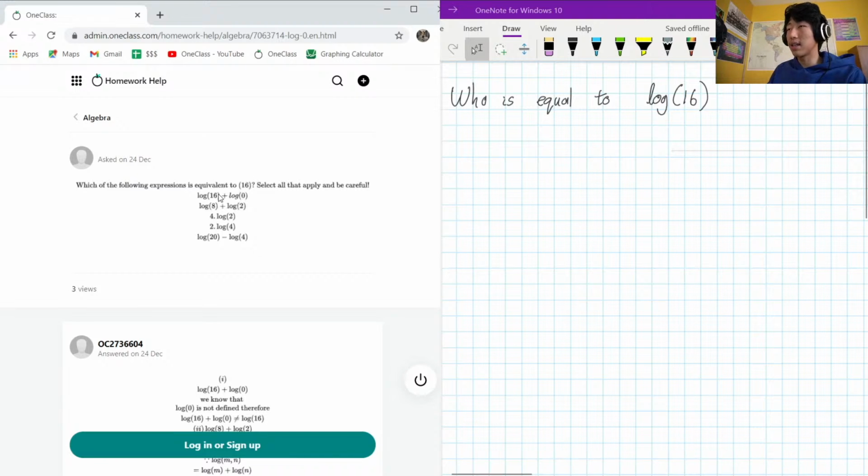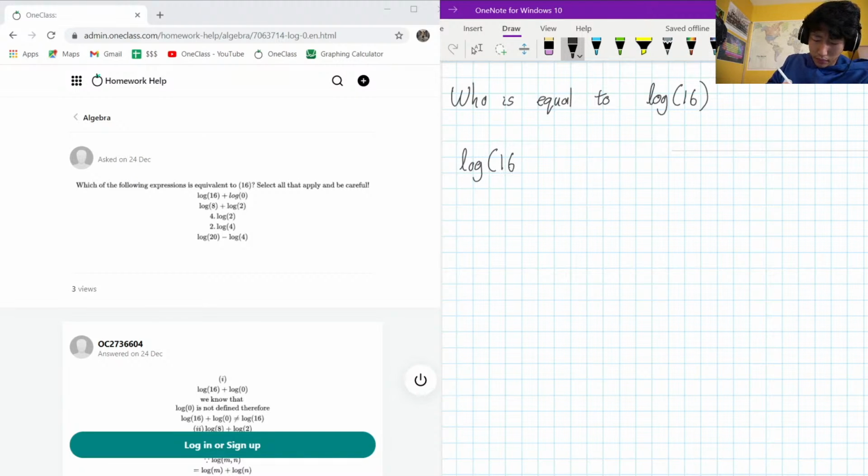Now let's take a look at our first option. Our first option is log 16 plus log 0. And the unfortunate reality for this option is that log 0 is not a number.